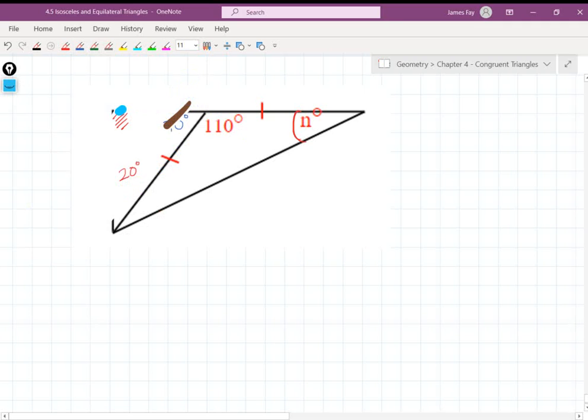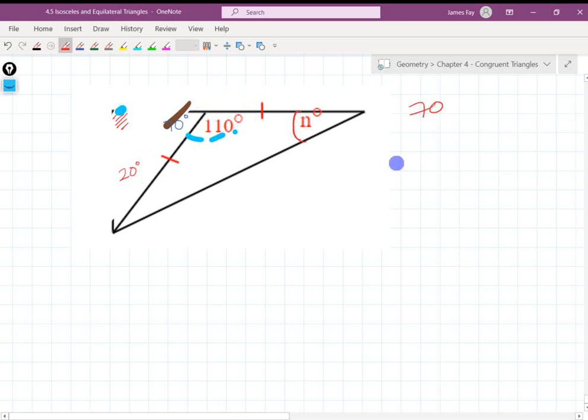Okay, so if we ignore that right triangle that was here, does it become a little bit more obvious what we're going to do with this picture? If this is my vertex angle up top here, 110 degrees, how many degrees do you have left over for the entire triangle?